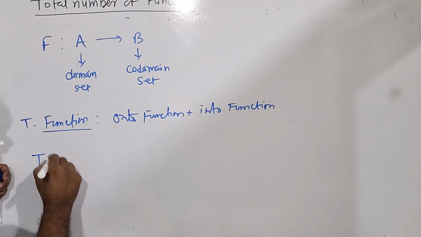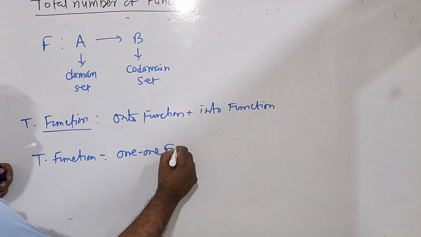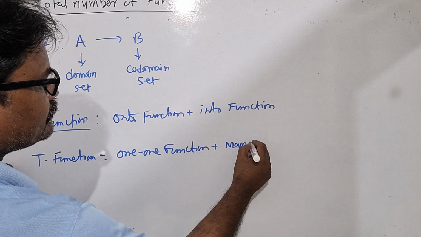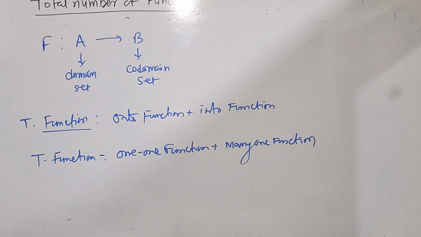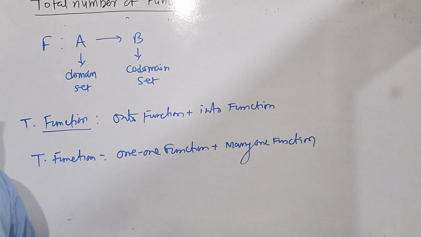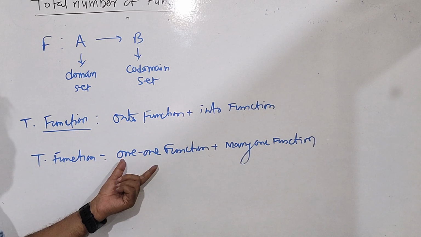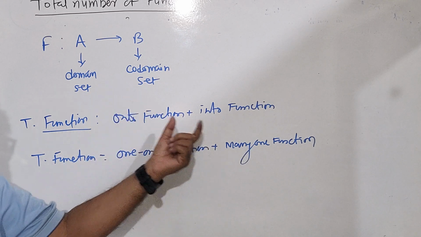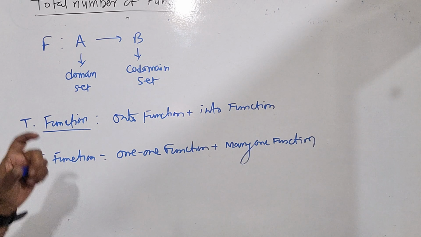And also the total number of functions is the total number of one-one functions plus the total number of many-one functions. So a function is either onto or into, and onto and into functions combined give the total number of functions. Similarly, one-one and many-one functions combined give the total number of functions. So this is on the basis of functions only.